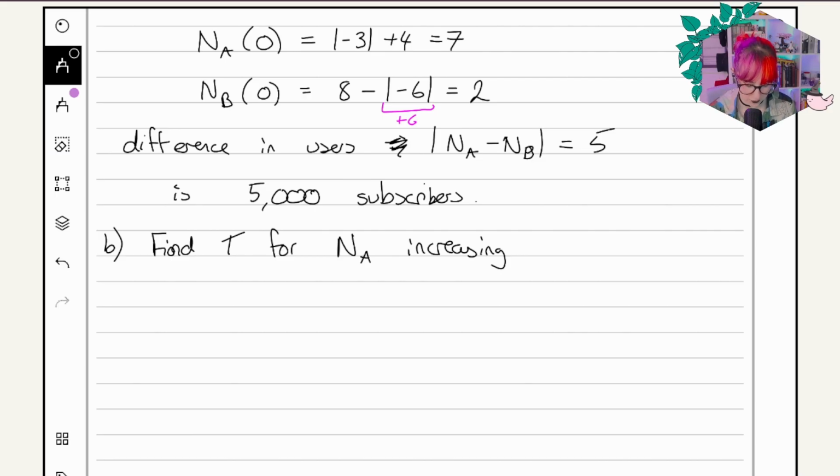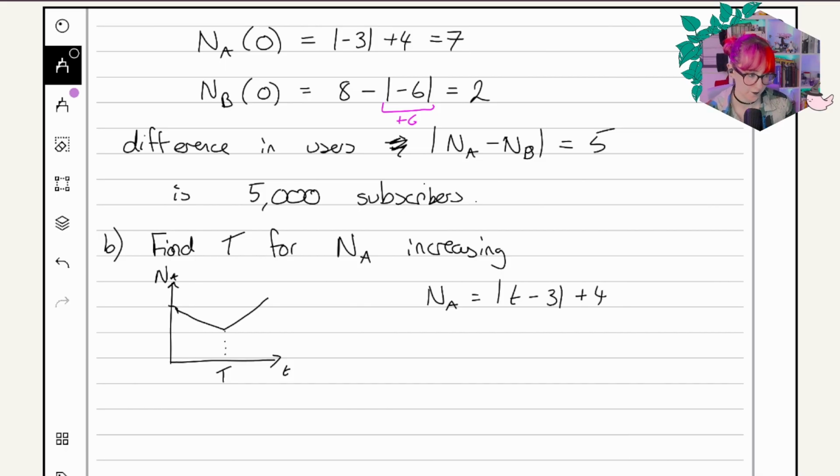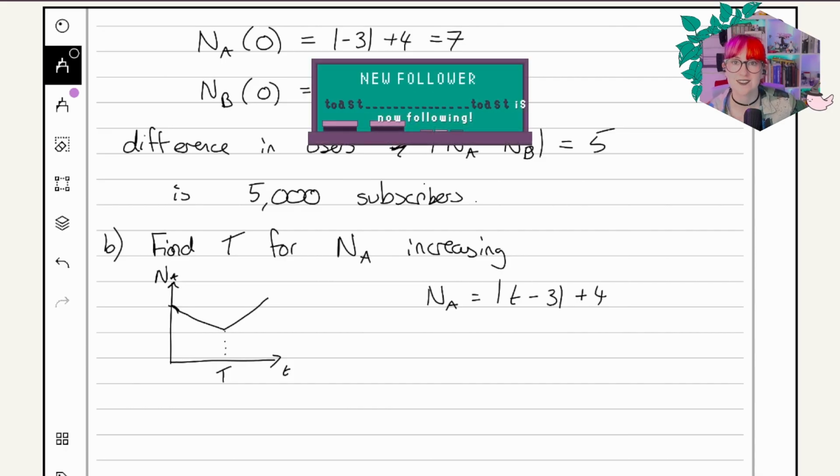We know that NA has this behavior, so essentially what we're looking for is this point here. Our expression is |t − 3| + 4. It would be the point where it changes.